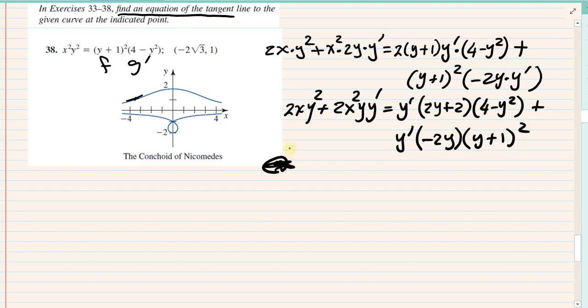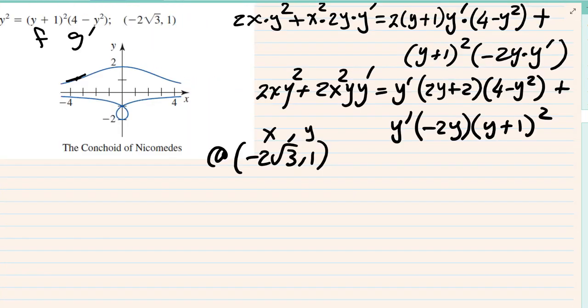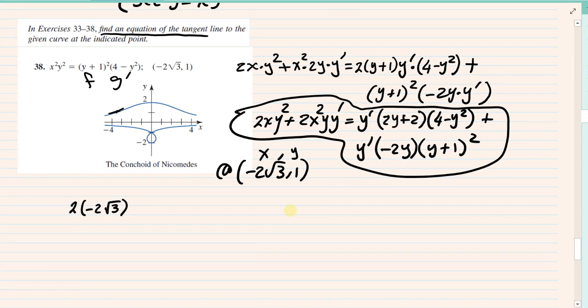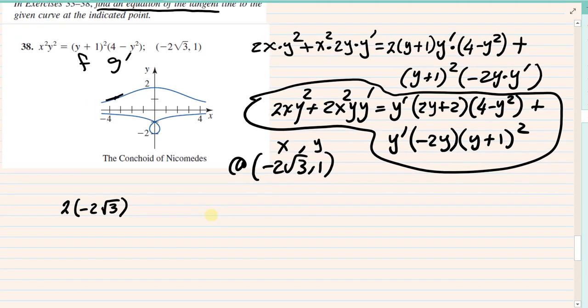at the given point. Okay, at the given point, so that means at (negative 2 root 3, 1). That's x and this is y. Let's plug those into it. I'm plugging into that equation. Okay, 2x, that would be 2 times negative 2 root 3, and then times y squared.